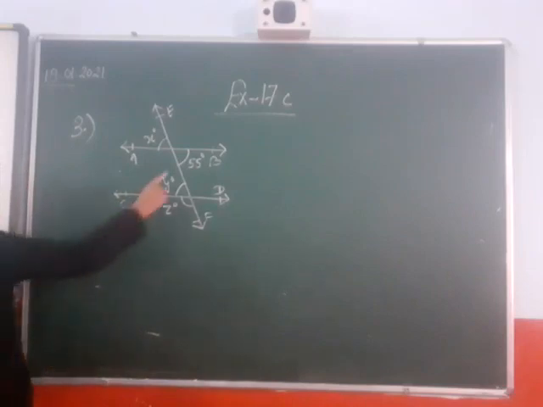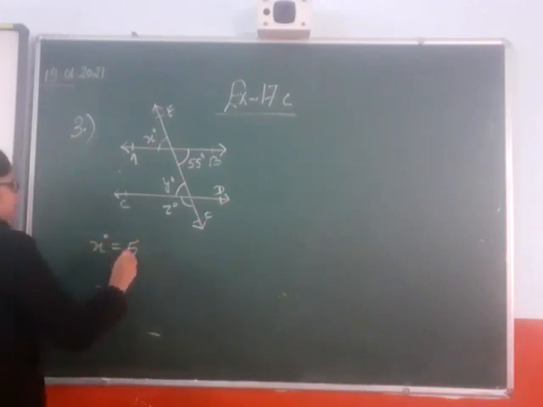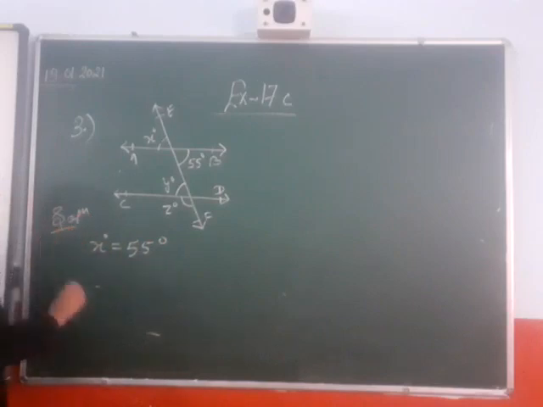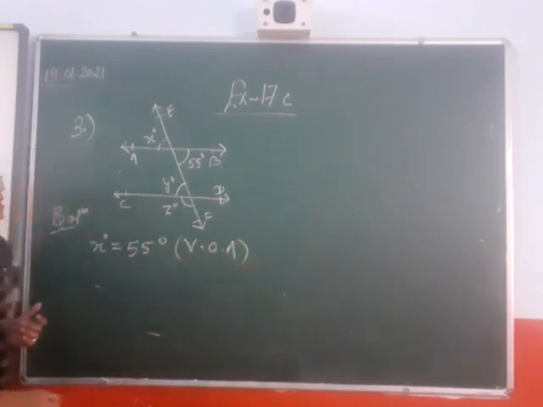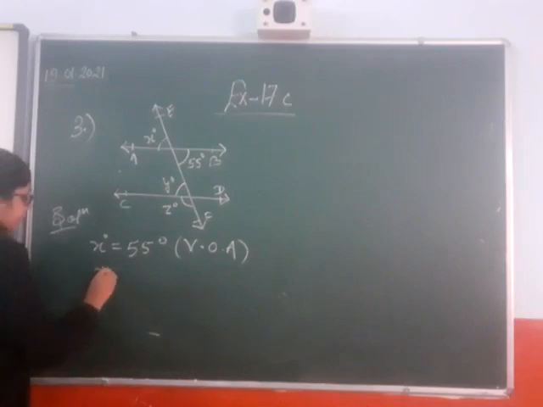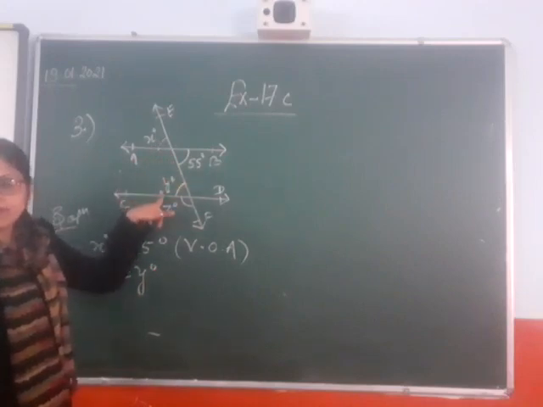Now you can see 55 degree is written here. So what will be the value of X? X degree is equal to 55 degree. Why? Because this is a vertically opposite angle. I got X degree. Now, X degree and Y degree, what are they forming?